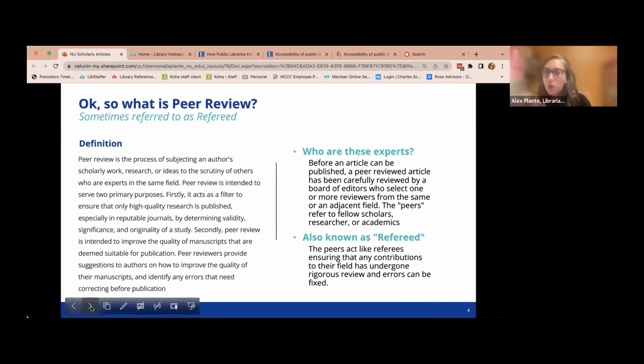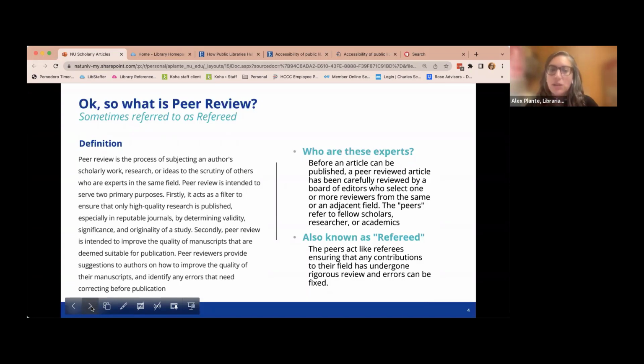First and foremost, I would say, peer review acts as a filter to ensure that only high quality research is published, especially in reputable academic journals, by determining validity, significance, and the originality of a study. Okay, so validity, significance, and originality, those are the main things that peers are going to be looking at when they are reviewing scholarly work.